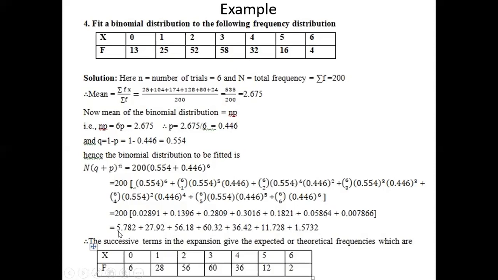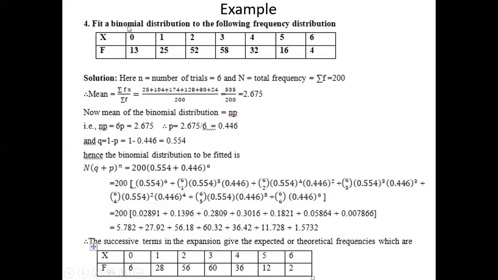Then the frequencies are 5.782, 27.92, 56.18, 60.32, 36.42, 11.728, 1.5732. If we take the nearby integers, 5.78 I'm taking as 6, then 28, 56, 60, 36, 12, 2.